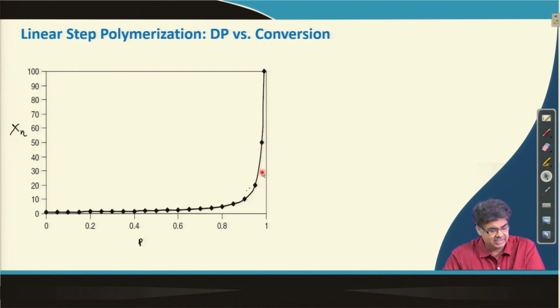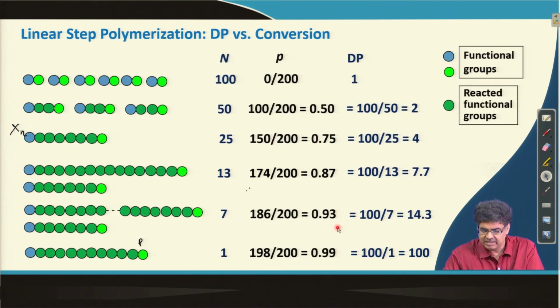For example, in the last example, even when the conversion is 93%, the degree of polymerization was 14.3.